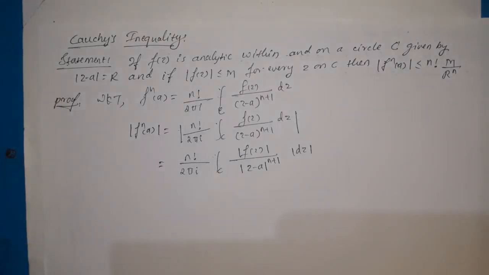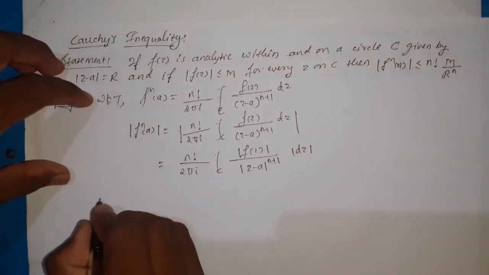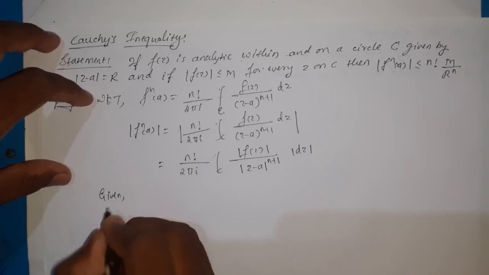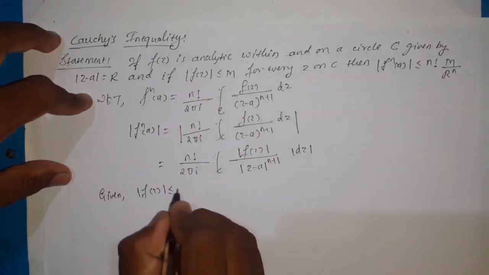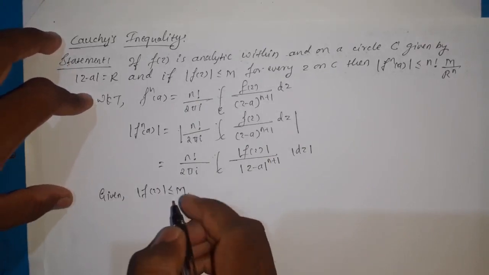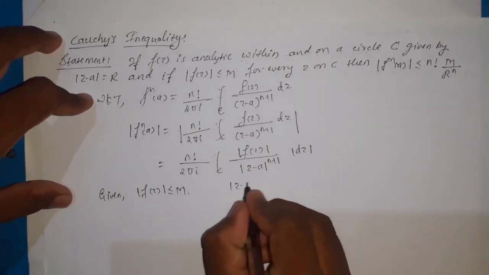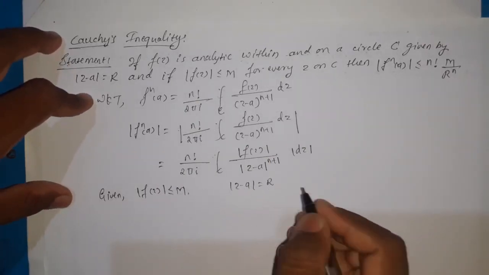Here we have applied modulus for each and every function in the integral separately. Now given that |f(z)| is less than or equal to capital M, and |z - a| is equal to r.